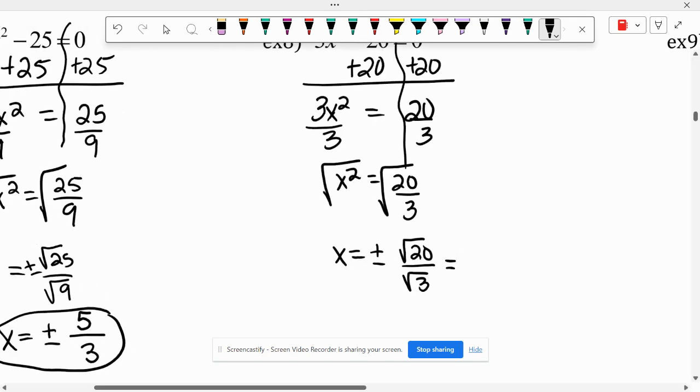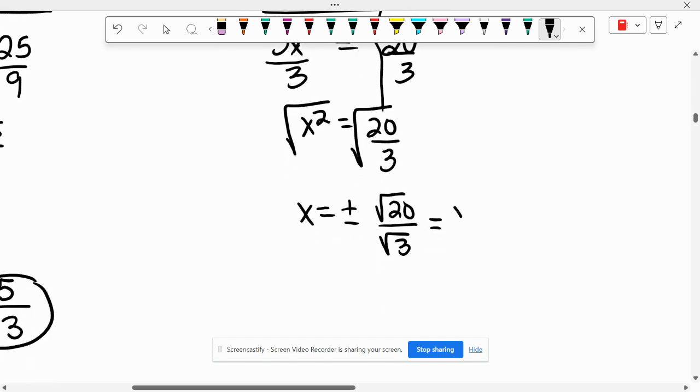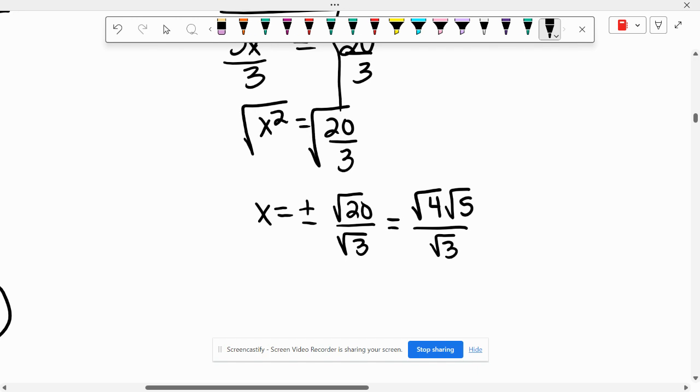How can I break up 20 with a perfect square? The square root of 20 is the same thing as the product of what? Square root of 4 times the square root of 5 over the square root of 3. What is the square root of 4? So I have 2 times the square root of 5 over the square root of 3. Can I leave it like that? Why?